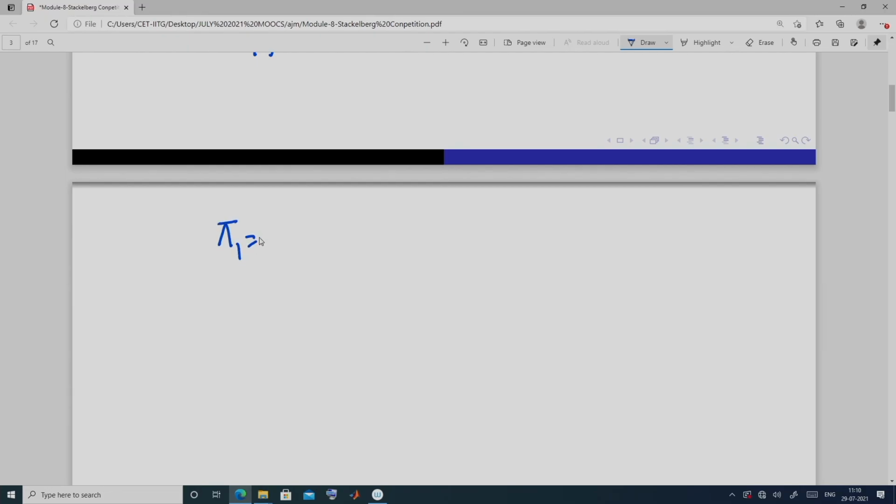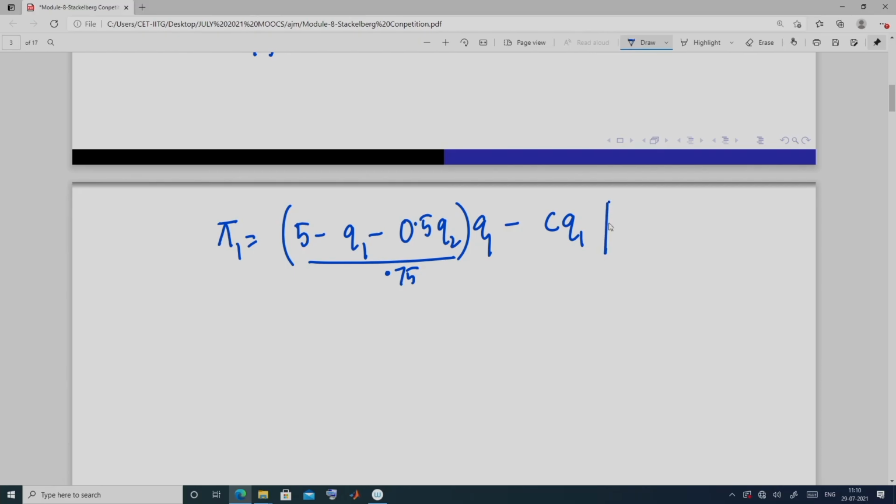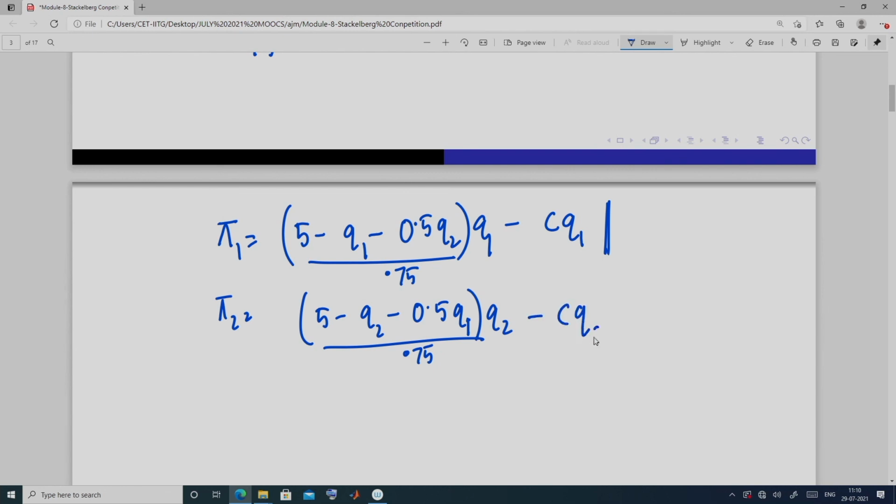The profit function of firm 1 is (5 minus Q1, 0.5 Q2) times Q1, minus cost. The marginal cost is constant C, and it is Q1 divided by... This is the profit function of firm 1, and the profit function of firm 2 is this.